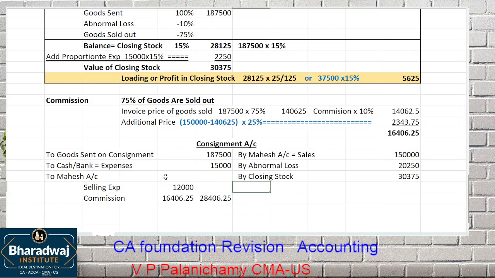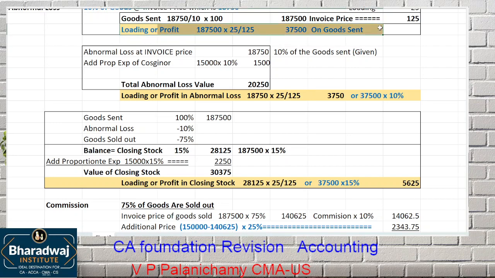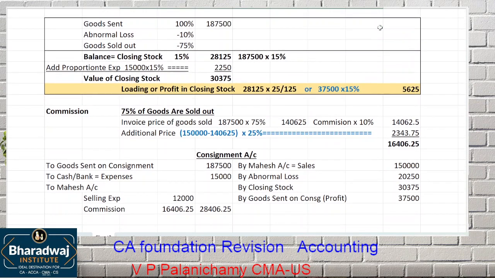Wait. The loading we have to remove on the opposite side. By goods sent on consignment, the profit element. What is the profit element? We worked it out in the first working: 37,500. That is the profit element.